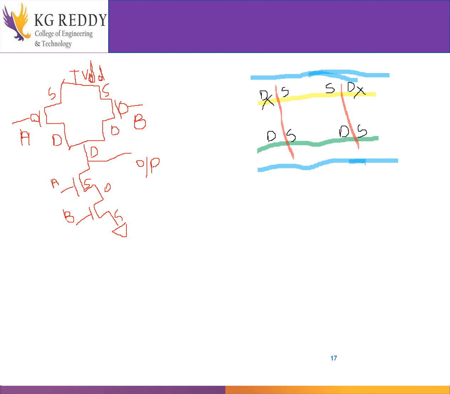So I make these two contacts shorted, right? And then again I'll take another contact here, right? And then again I'm shorting it. That means this portion we have already done by doing this, right? This is done, and this seems to be our output.